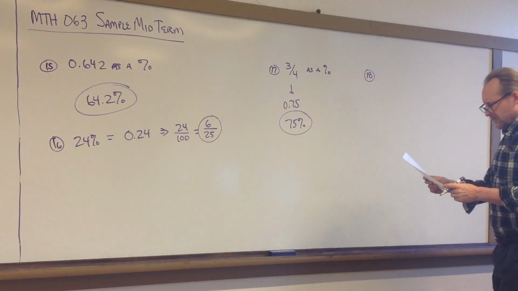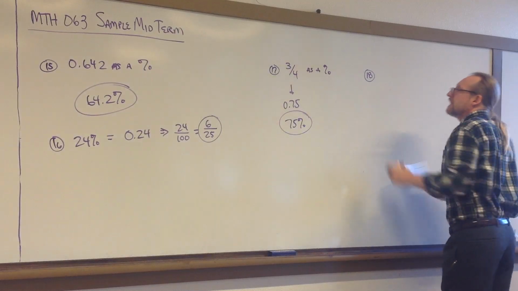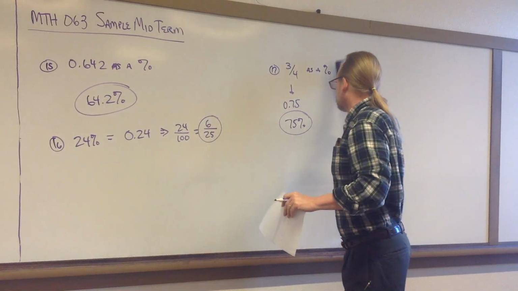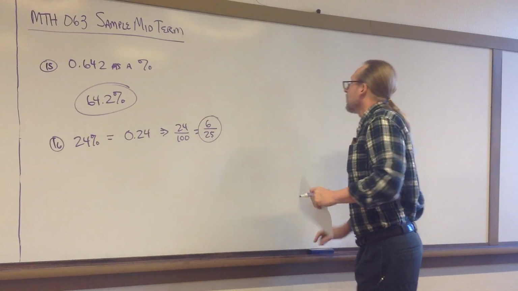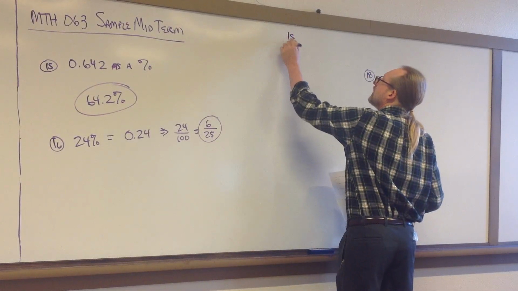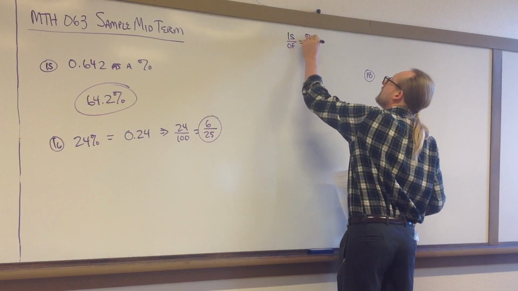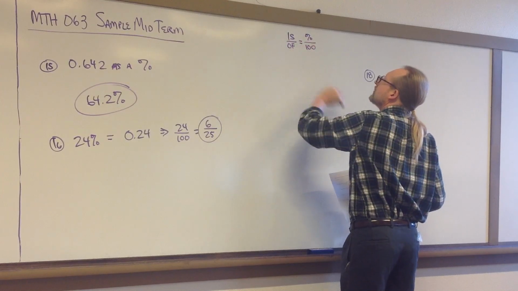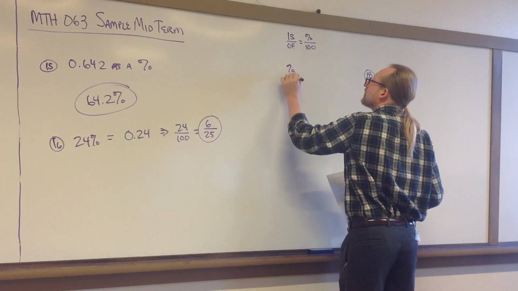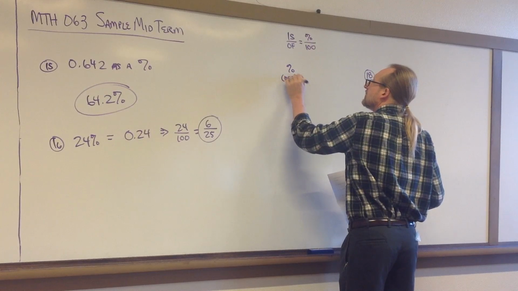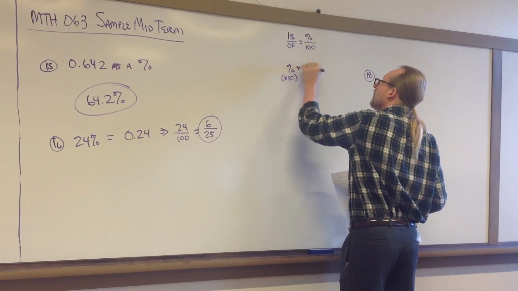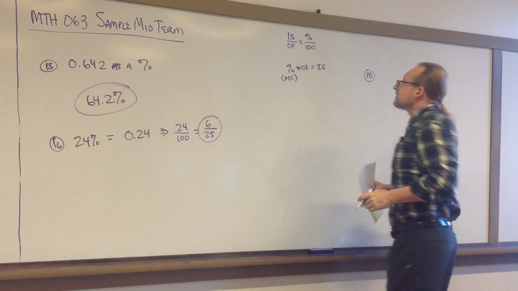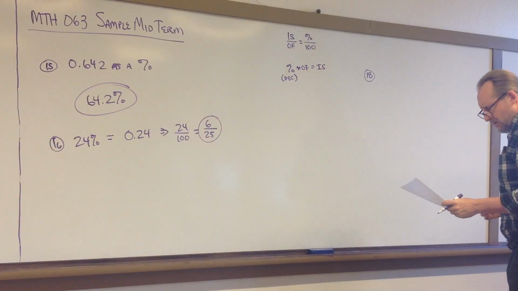Problem 18. So this is where we get into the is and of problems. So you can say is over of equals percent over 100, or the percent as a decimal times of equals is. All right.